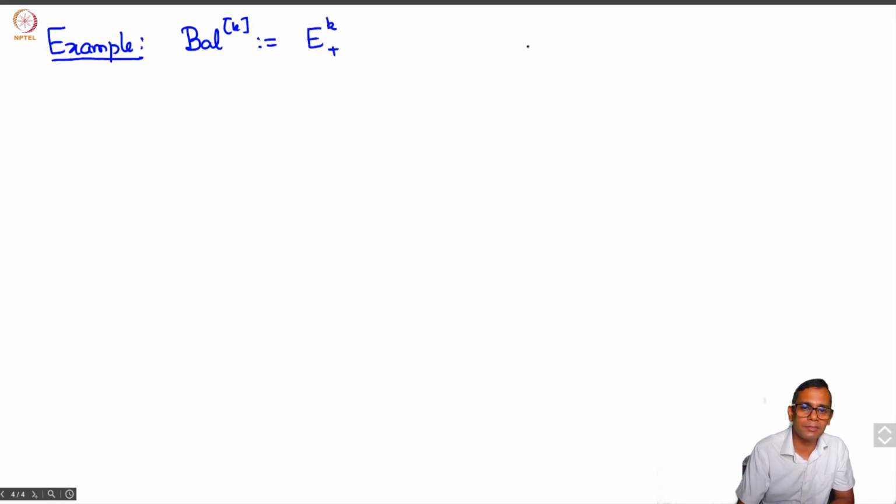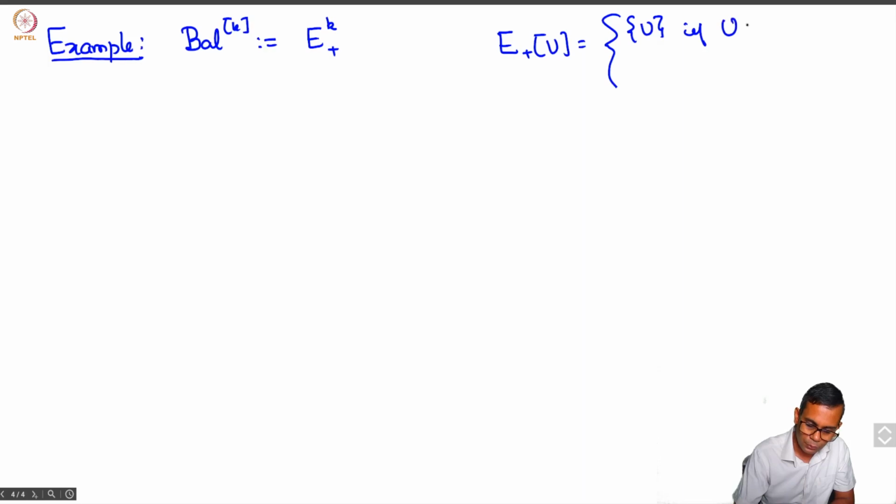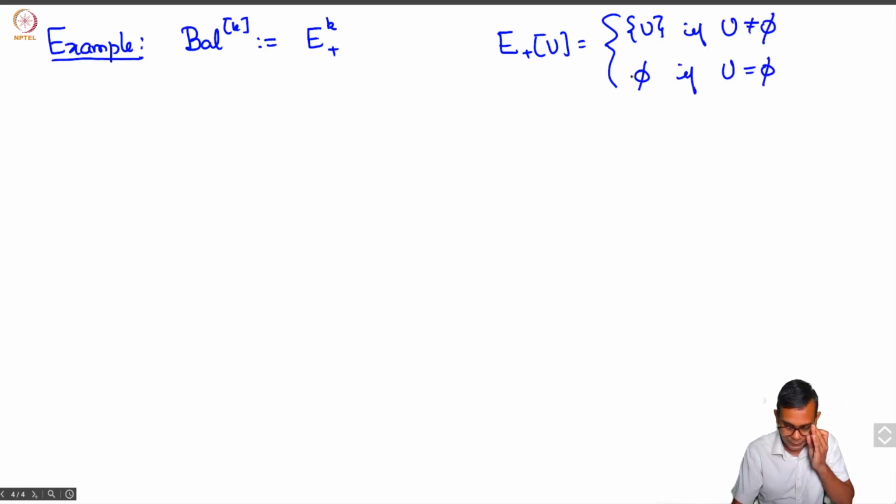E plus is the positive part of the species of sets. So E plus of U is defined to be the singleton if U is non-empty, but it is empty if U is empty. For E, E of U would be the singleton empty set, which is a singleton set even if U were empty. But here it is the empty set.